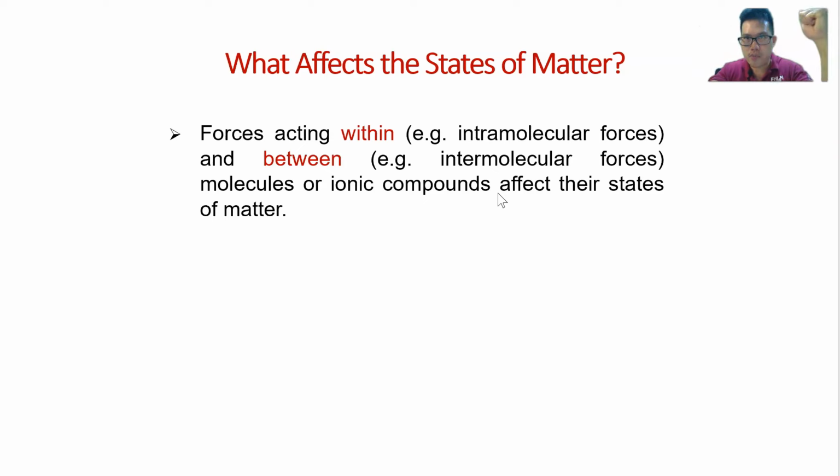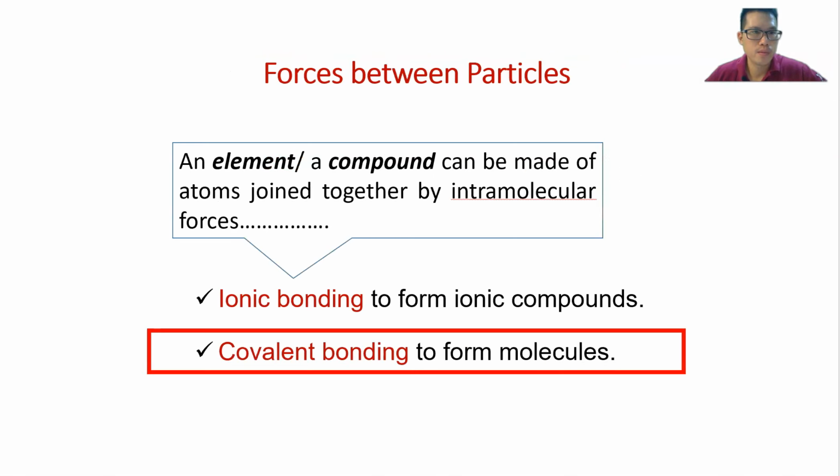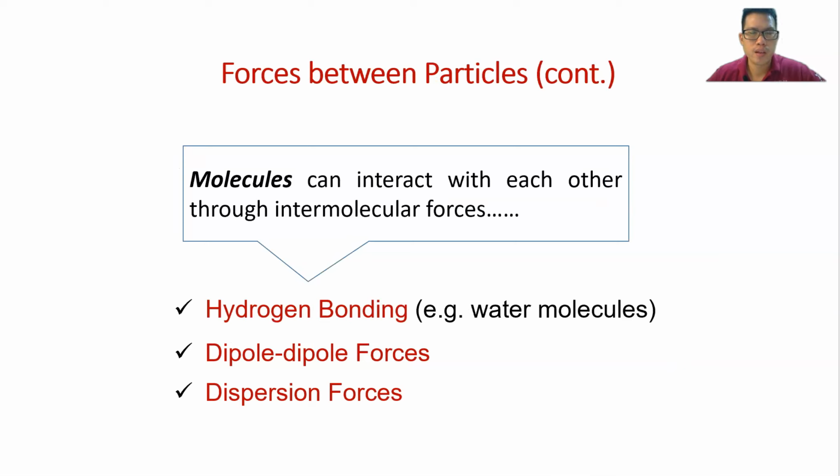If it's very weak, they can move very far apart, it's a gaseous state. So usually it's related to their intermolecular force. An element or compound can be made of atoms joined together by intramolecular force like ionic bonding and covalent bonding. We have learned that in organic chemistry. Molecules can interact with each other through intermolecular force like hydrogen bonding, dipole-dipole forces, dispersion forces. We have learned that also in organic chemistry.